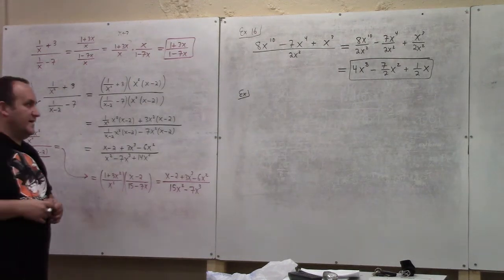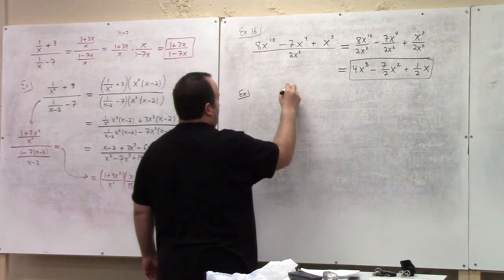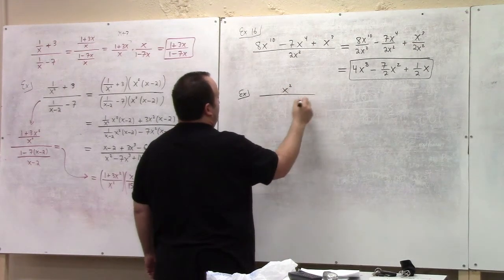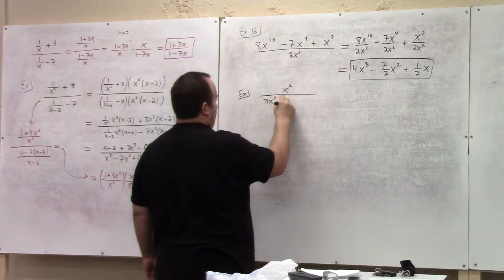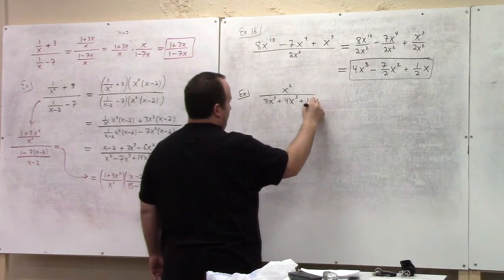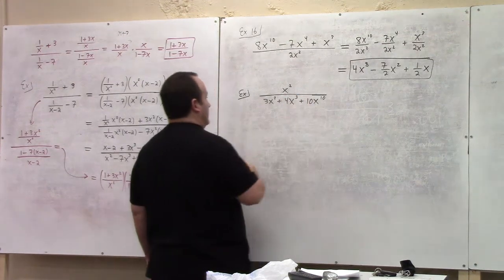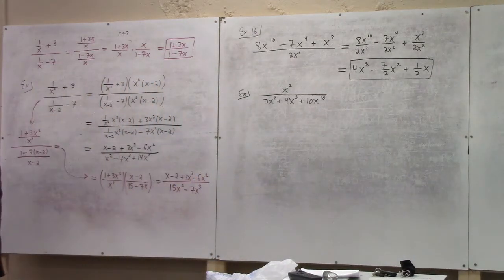So if I said simplify as much as is possible, x squared over 3x squared plus 4x cubed plus 10x to the 10th, what would you do? So what do you guys think? How would I simplify this one?